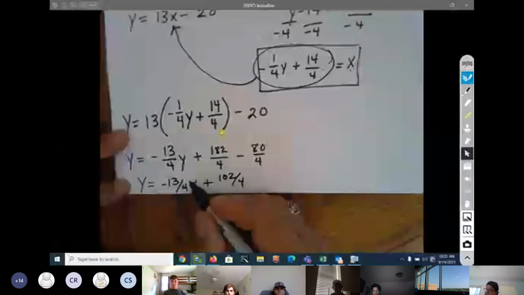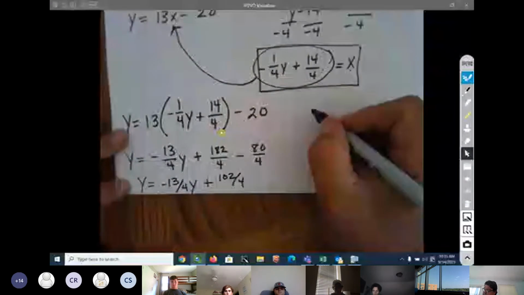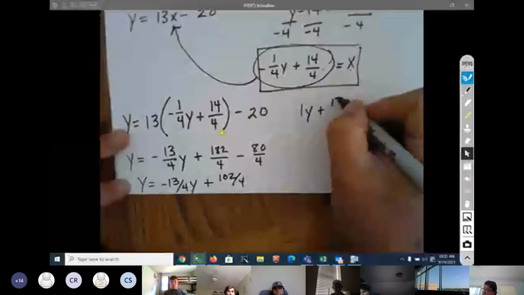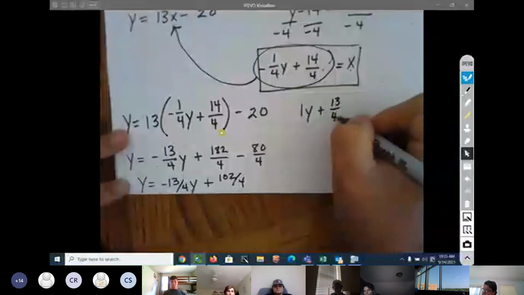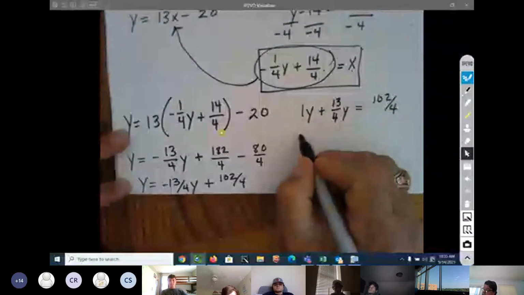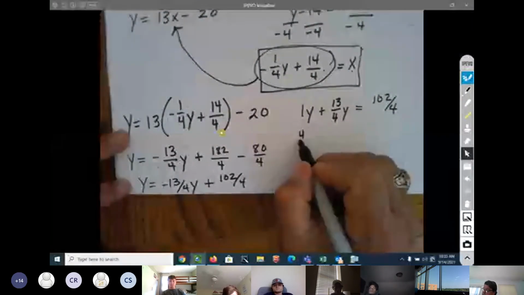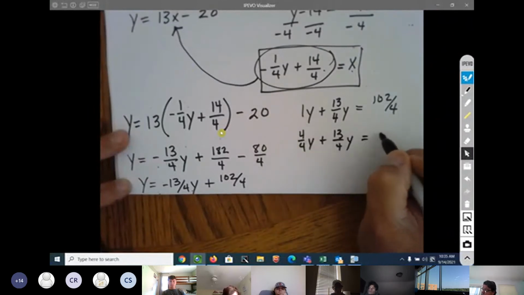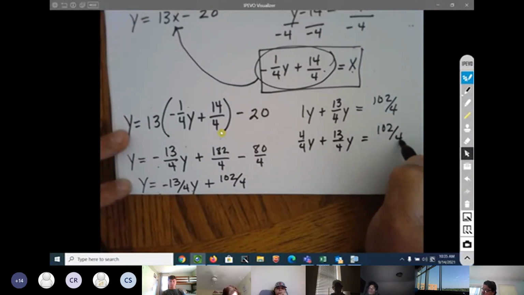And I'm going to bring that y over. So that's going to be 1y plus 13/4 y is equal to 102 over 4. And 4/4 y plus 13/4 y is equal to 102 over 4.